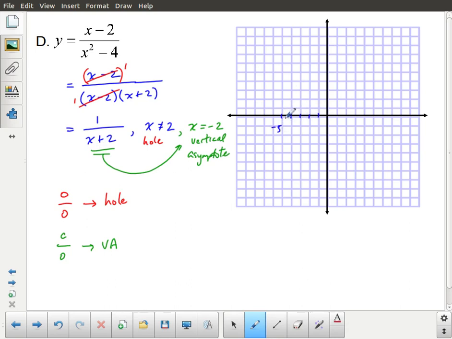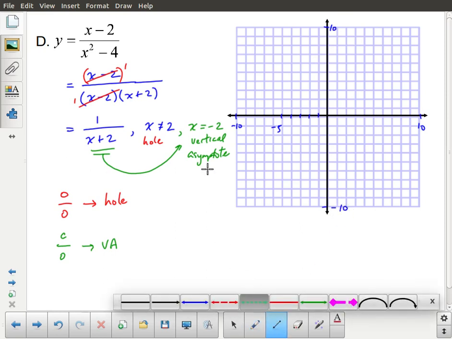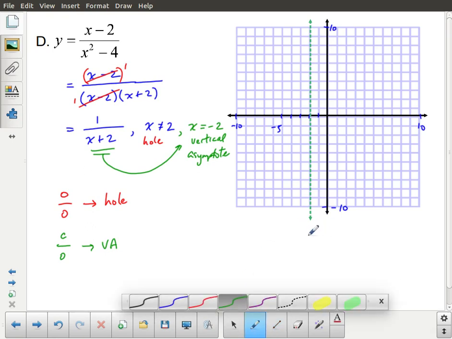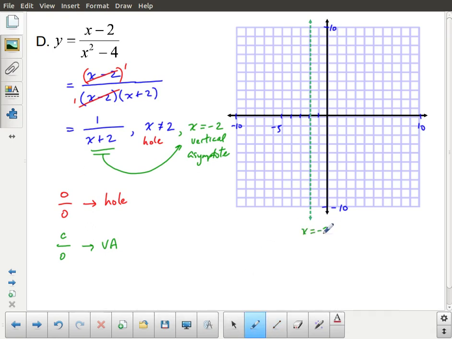So there's negative 5, out here to negative 10, positive 10. This time, as is often the case, when you have a vertical asymptote, you're going to be well served if that's what you take care of first. So there is my vertical asymptote, which occurs at x equals negative 2. I have a hole at x equals 2, but there's nothing more I can do about that for now.